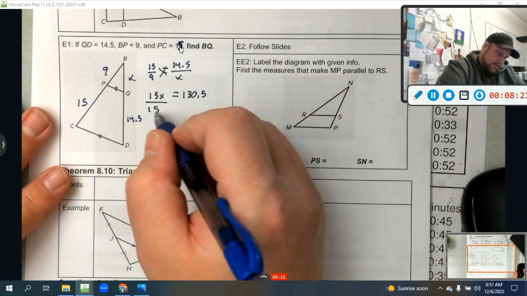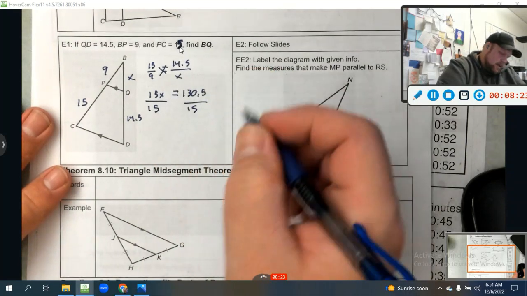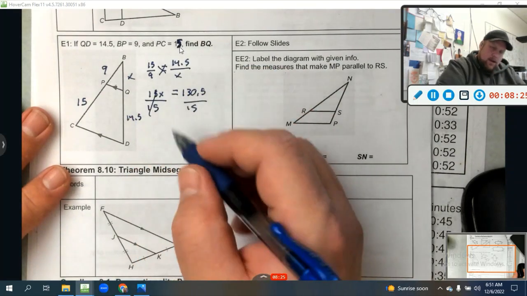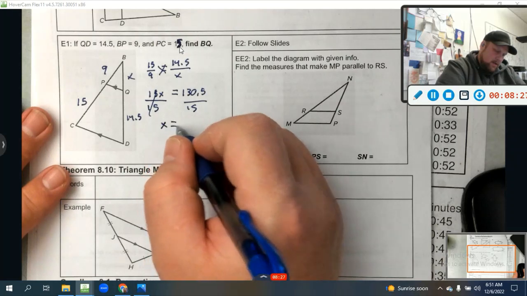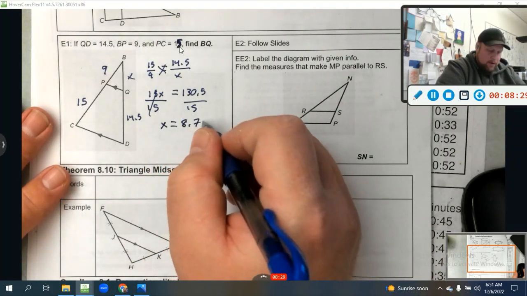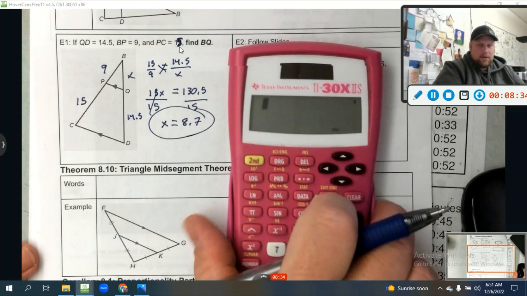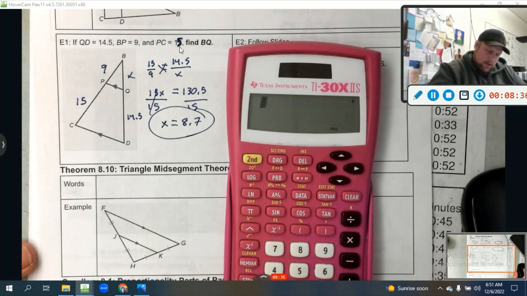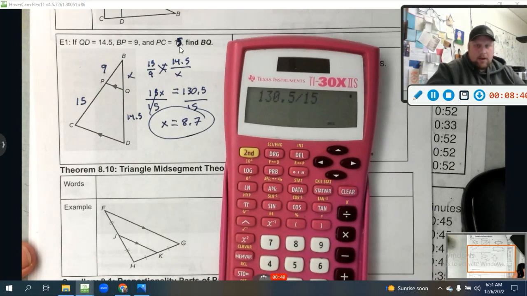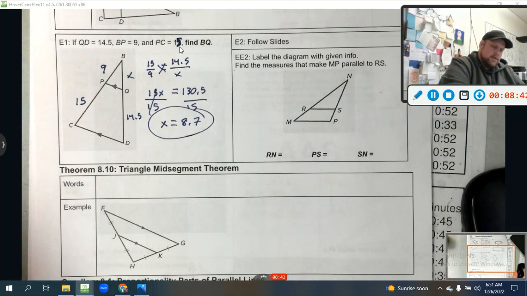Divide both sides by 15, and on a calculator X equals 8.7. Boom. 130.5 divided by 15, 8.7 it is.